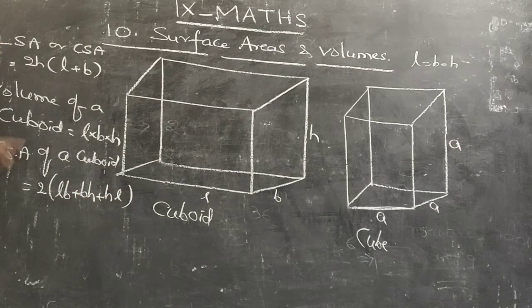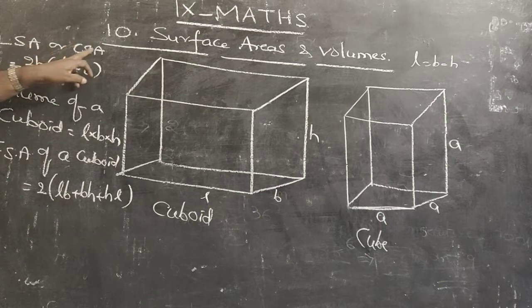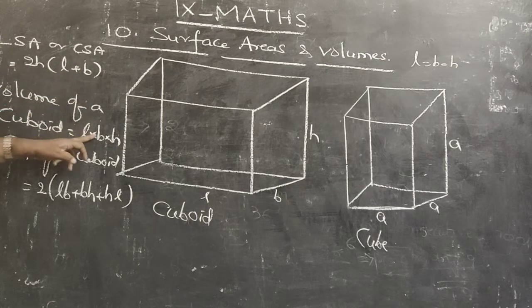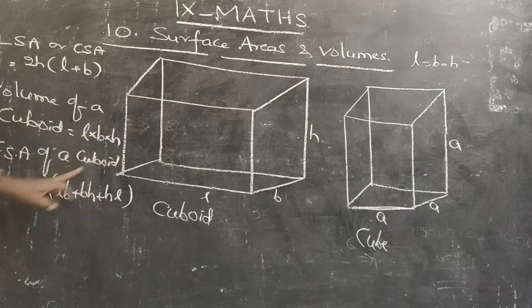So these are the 3 important formulae for a cuboid. Lateral surface area or curved surface area of a cuboid is 2h(l + b). Volume of a cuboid is lbh. Total surface area of the cuboid is 2(lb + bh + hl).